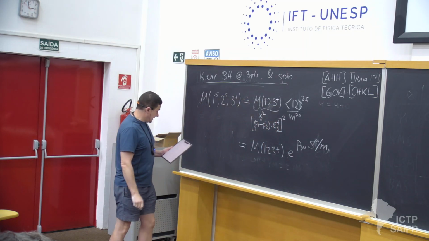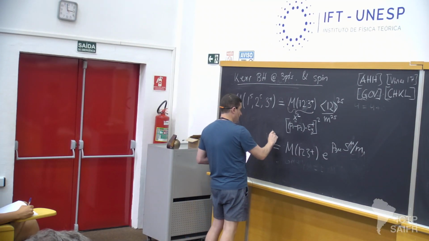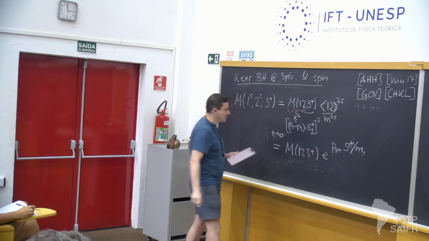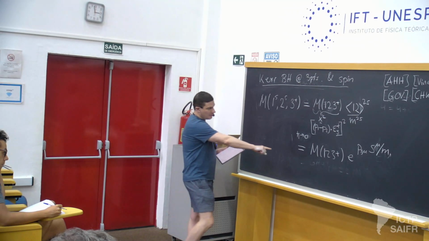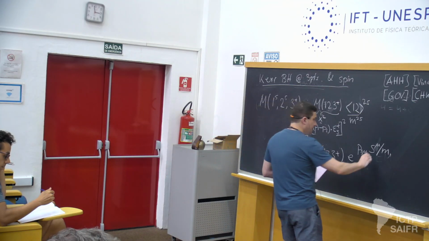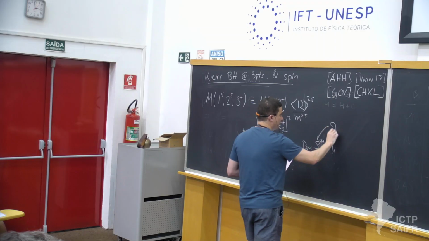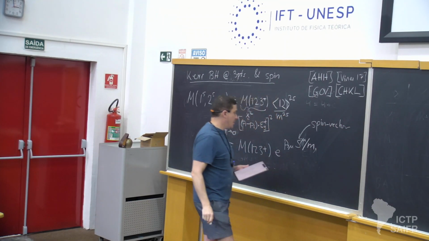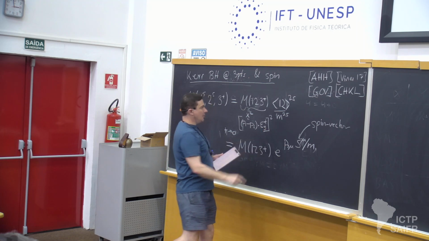So you can rewrite it like this if you take h bar to 0, so basically a classical limit. In the classical limit, you get an exponential. This thing here is a spin vector, which is a classical object. This is just the momentum of the graviton.